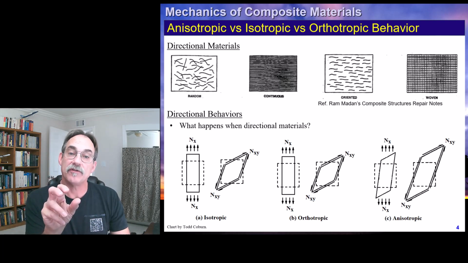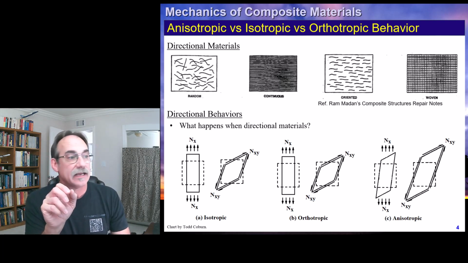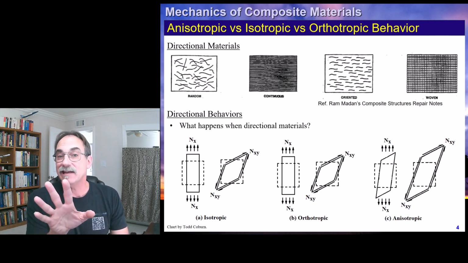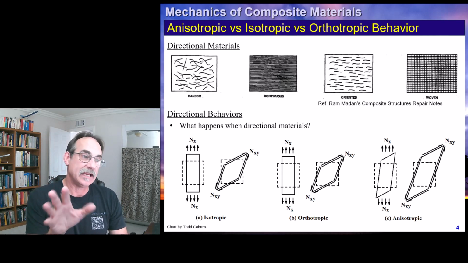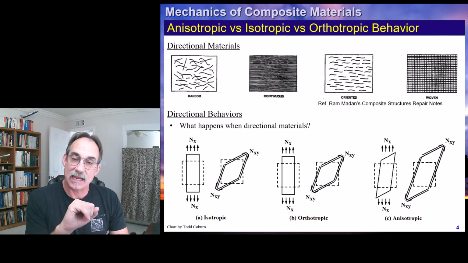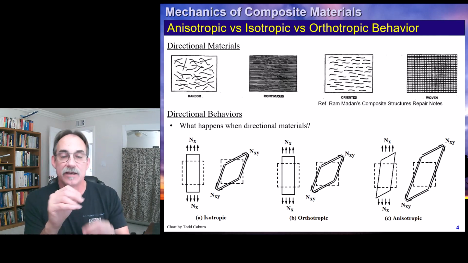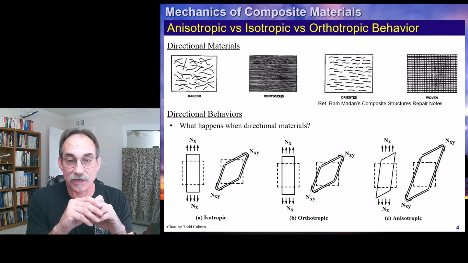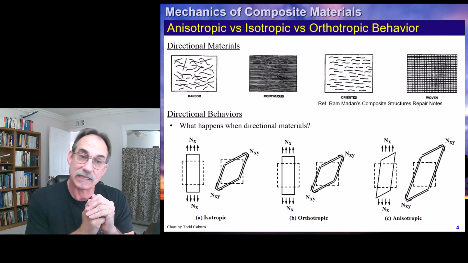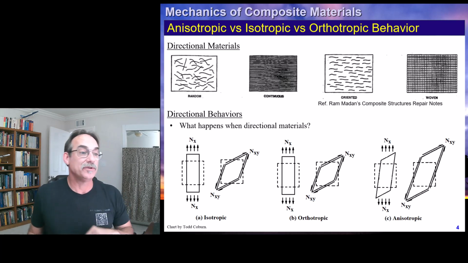Shear load gives shear deflections. But if we load it in a non-principal direction, then we can see anisotropic behavior, where the material can get shear deformation from an axial load and axial deformation from a shear load. So that's a little tricky.